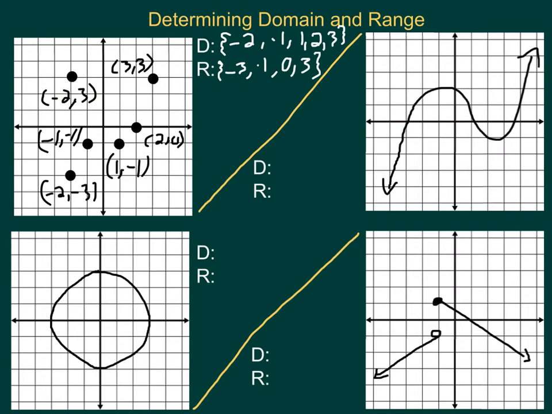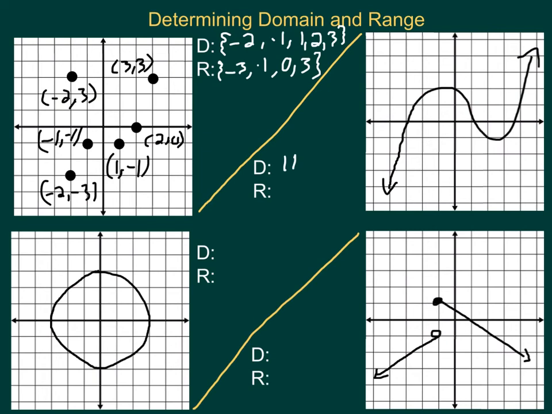For the first example in the top right, I want to remember that these arrows mean that my graph is going to continue like this forever. This means that my graph is going to keep on going up and to the right forever. This arrow means down to the left forever. If it's going to continuously go to the left and to the right, eventually I'm going to cover the entire x-axis, which means my domain can be anything.